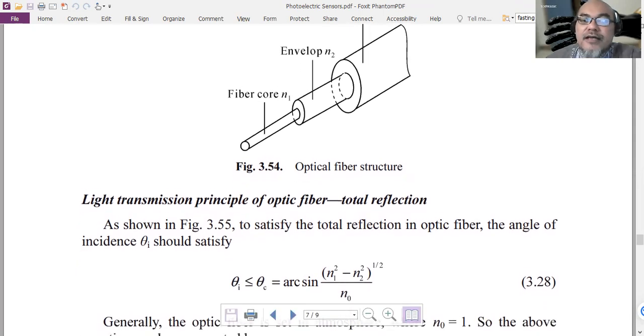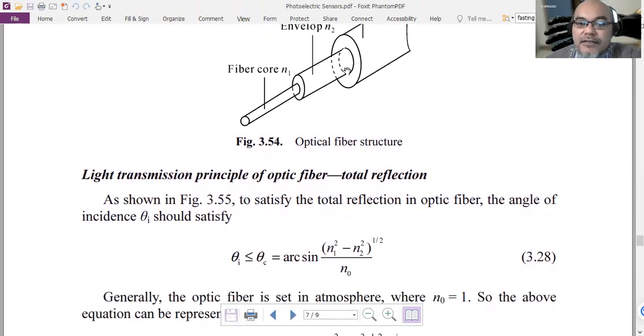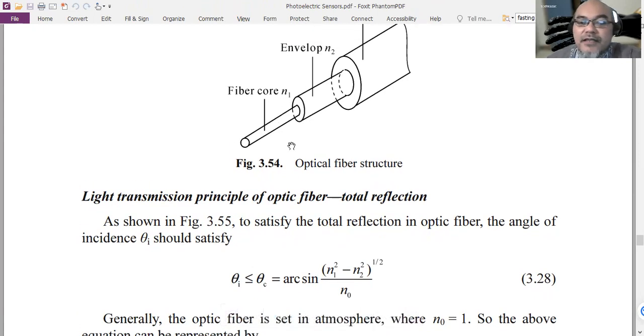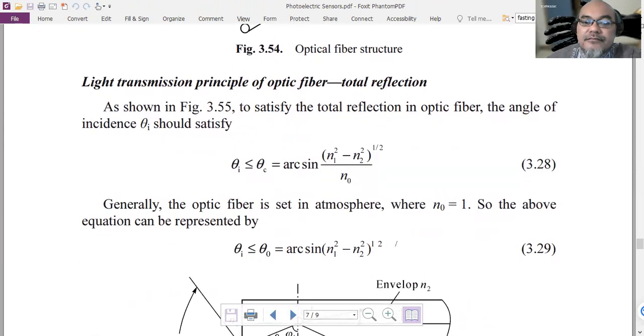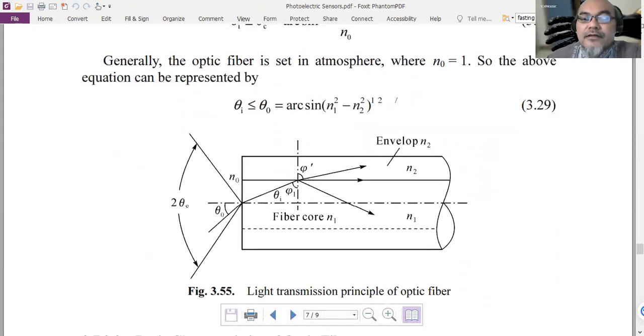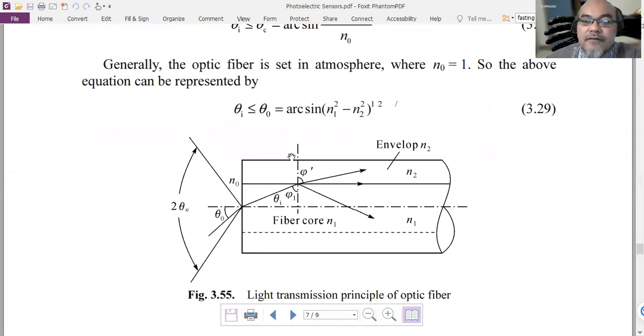And in order that light can travel inside, usually the N1, the refractive index of the fiber core, should be larger than N2, the refractive index of the envelope. This is why, because it needs to be larger, so that the light will be refracted.